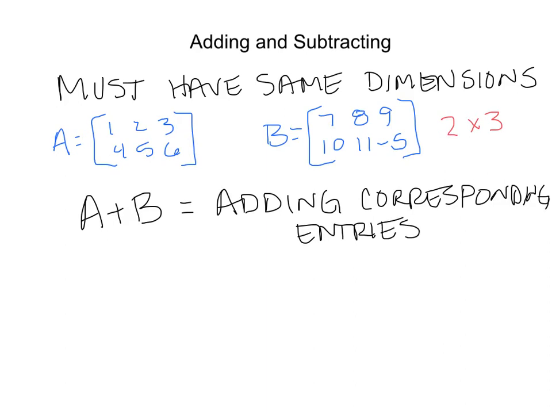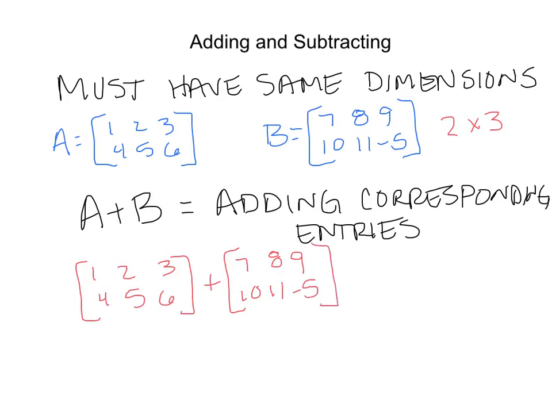So if I were going to add matrix A and matrix B, I would just take matrix A, add matrix B, and we would just add the corresponding entries, which means, hey, there's 1, 1, there's 1, 1. We add those, and that's going to be 1, 1 in our new matrix. So the new matrix has an entry at 1, 1, that's 8. And then we would do the same for all of the rest of the entries.